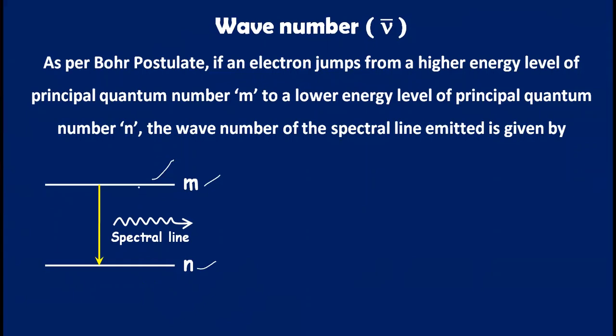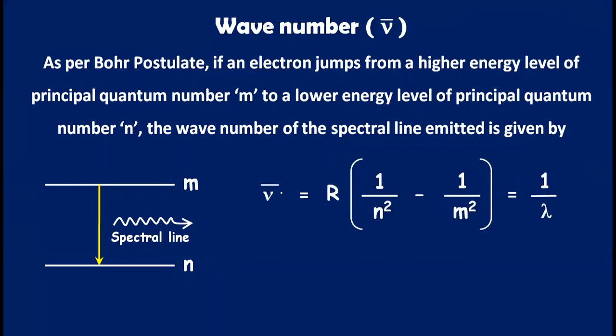When an electron jumps from a higher energy level to a lower energy level, it has to emit a spectral line, isn't it? Now the wave number of that spectral line is given by the formula nu bar equals R into 1 by n square minus 1 by m square, which in turn is equal to 1 by lambda, because nu bar is basically the reciprocal of wavelength.